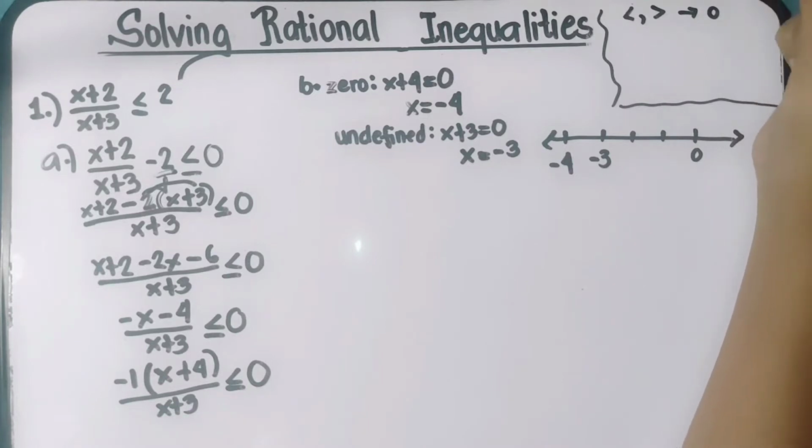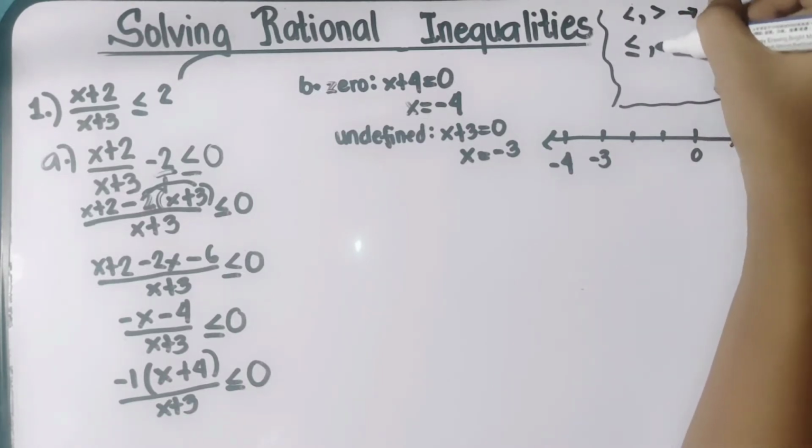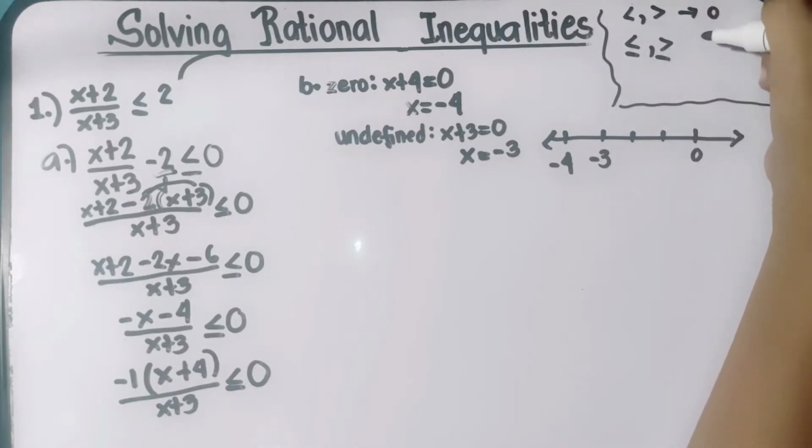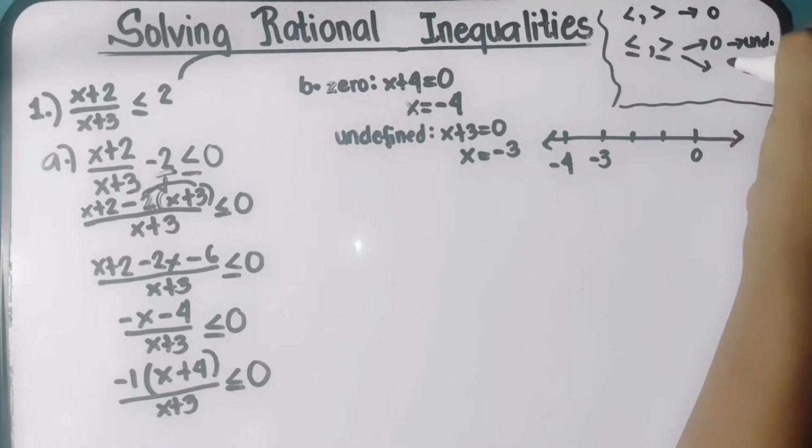However, if the inequality uses less than or equal to or greater than or equal to, we will use a hollow circle for the values that will make the denominator 0 or undefined, but a shaded circle for the values that will make the numerator 0.